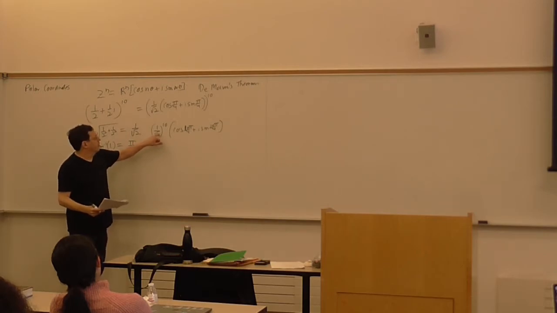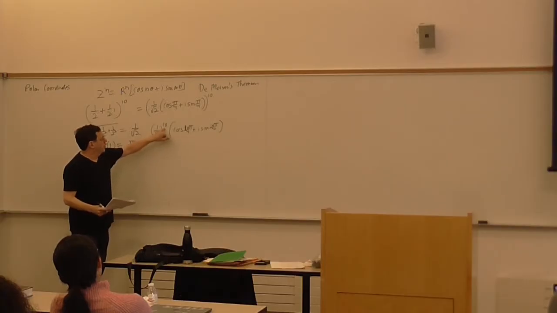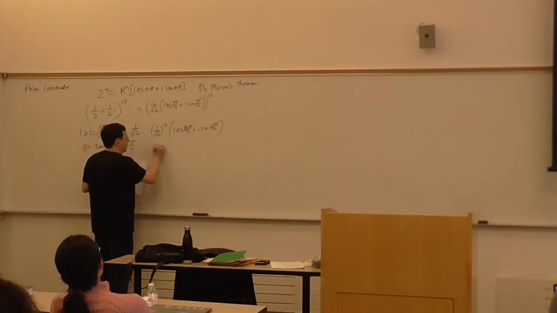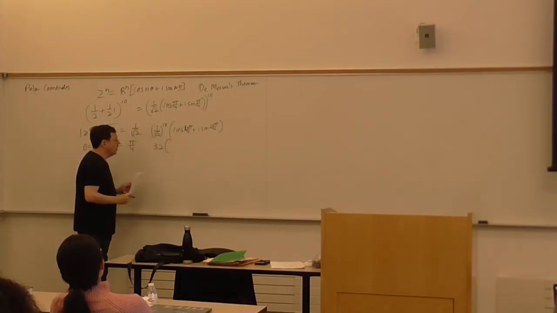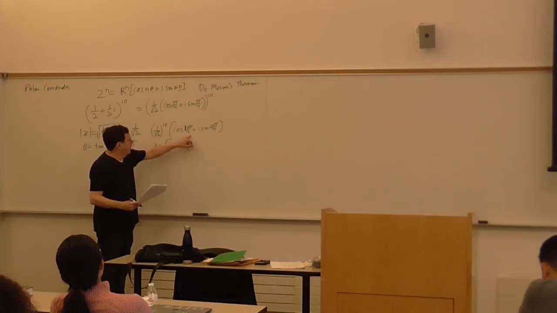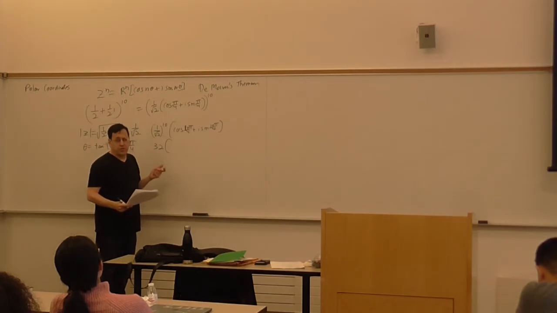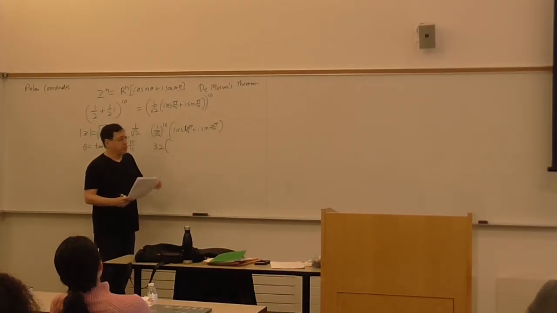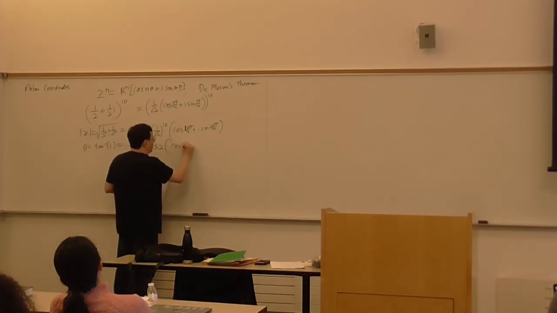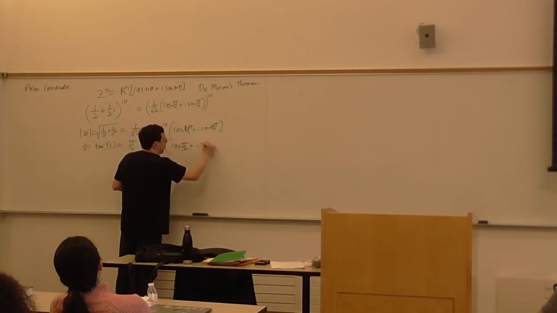This would be harder if this was not an even number. But 1 over the square root of 2 to the 10th is just 1 over 2 to the 5th. 2 to the 5th is 32. Cosine of 10 pi over 4. Well, 10 pi over 4, that's 2 and 2/4. You can get rid of the 2, so it's just cosine of pi over 2 plus i sine of pi over 2.